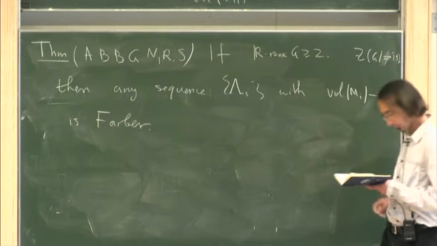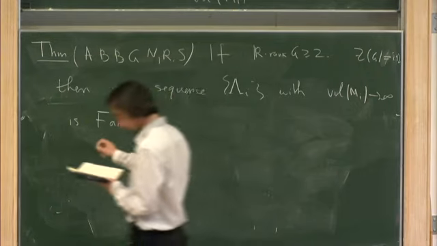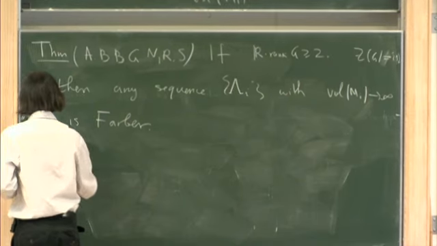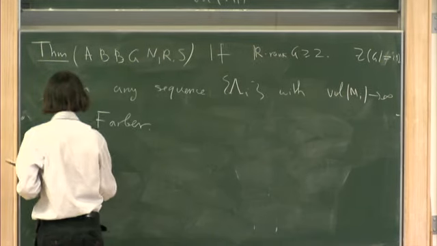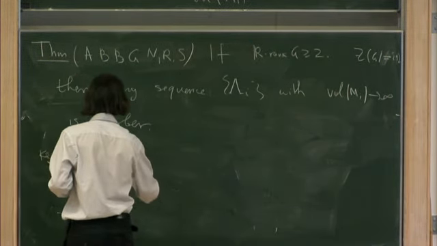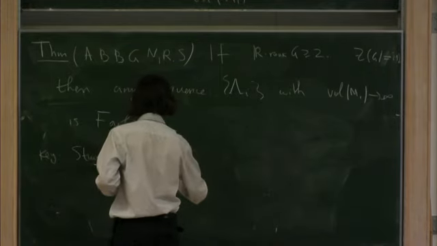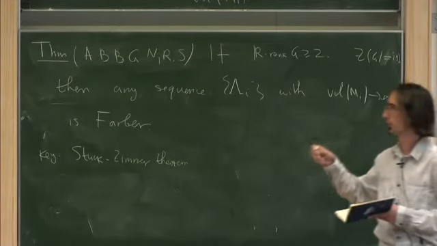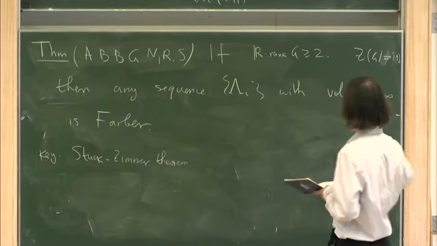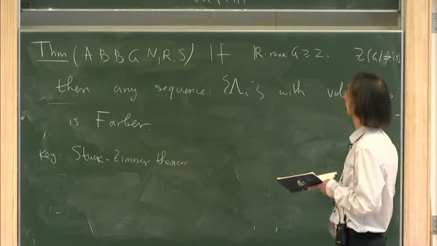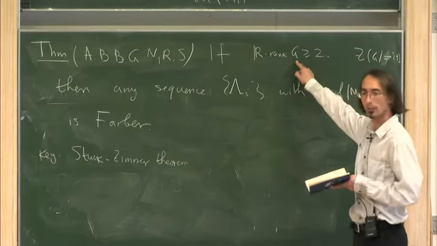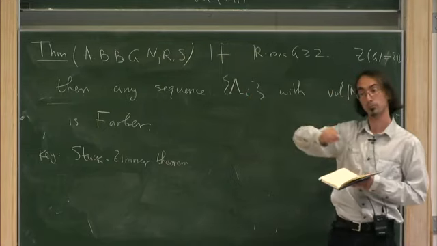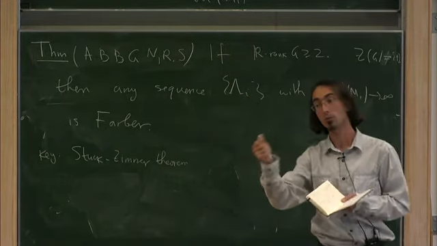This relies on several steps, and one of the key steps I should mention is actually quite deep. This is the Stuck-Zimmer theorem, which says that any ergodic probability measure preserving action of such a lattice, if such a Lie group is of this form, is actually coming from a situation where almost surely the stabilizer of a point is a lattice.